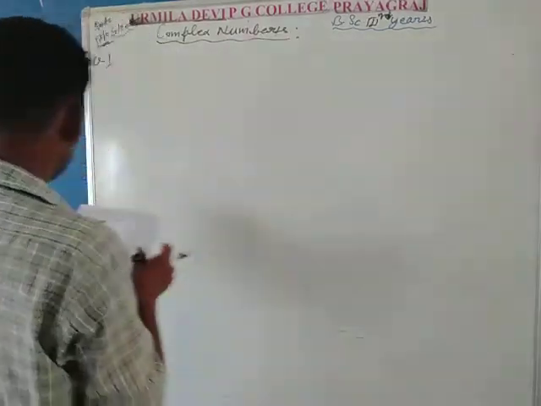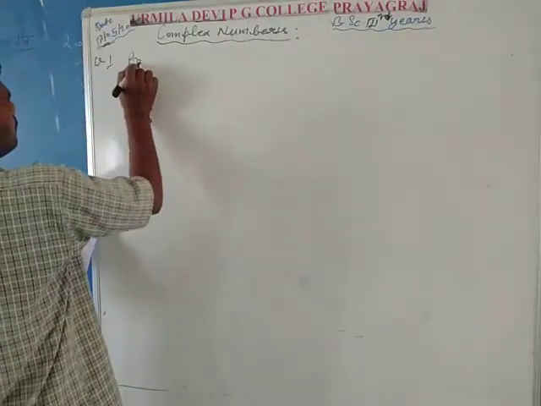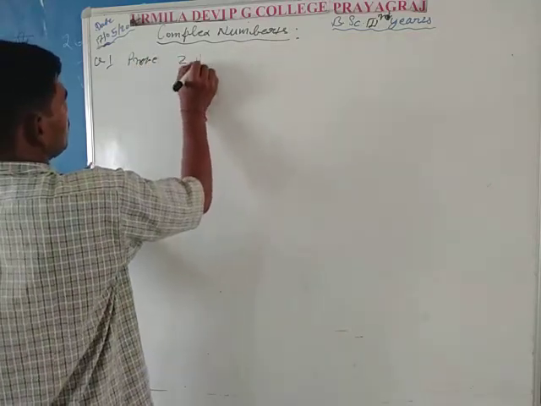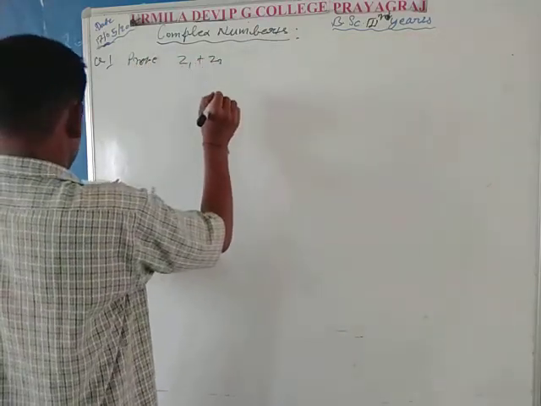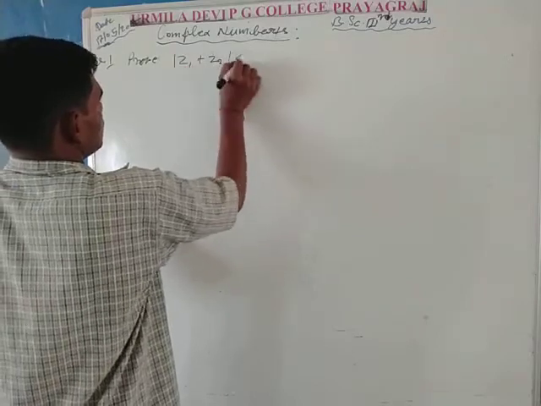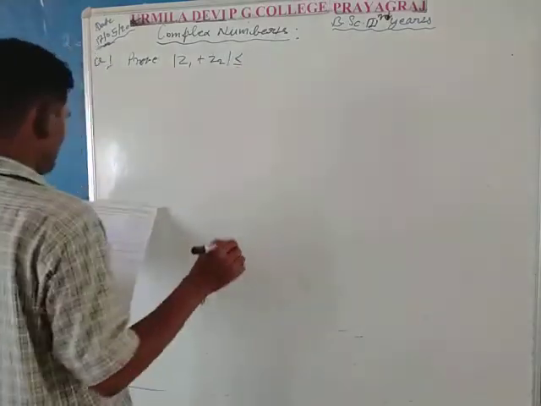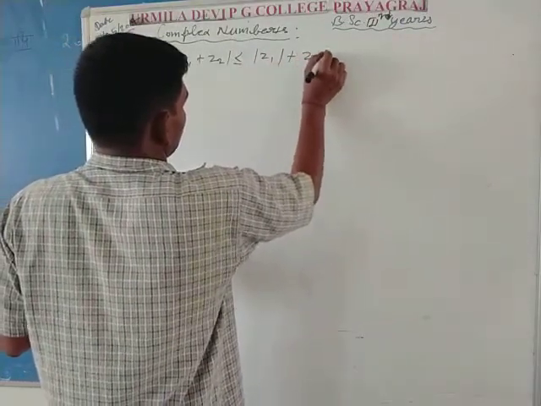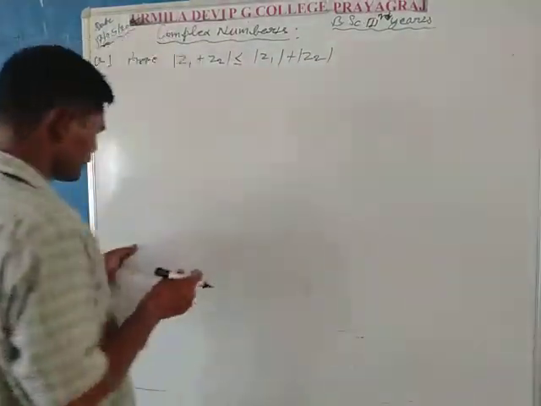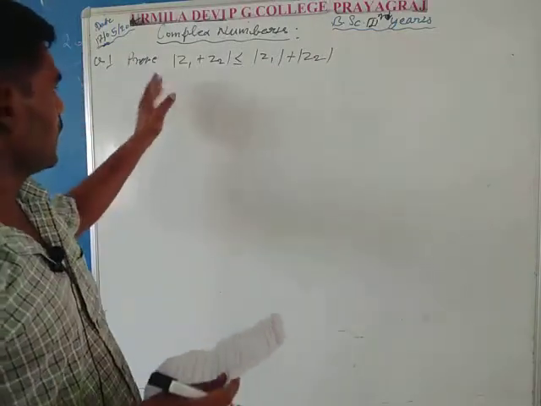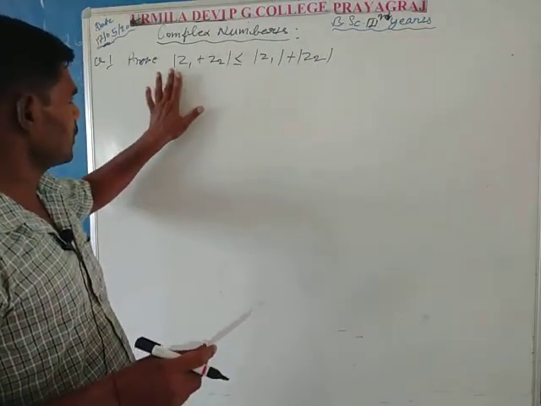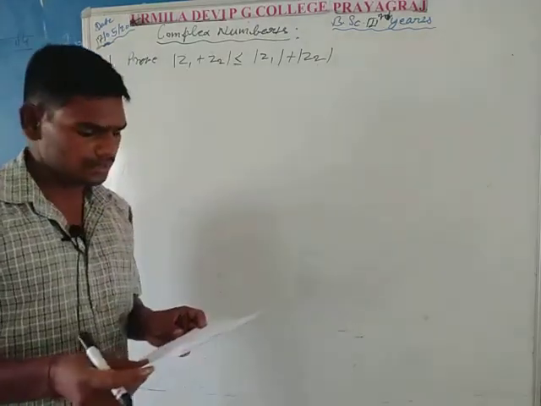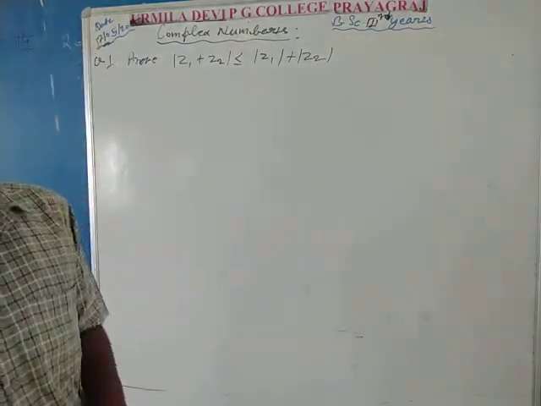So the first question is: prove that mod of Z1 plus Z2 is less than or equal to mod Z1 plus mod Z2.